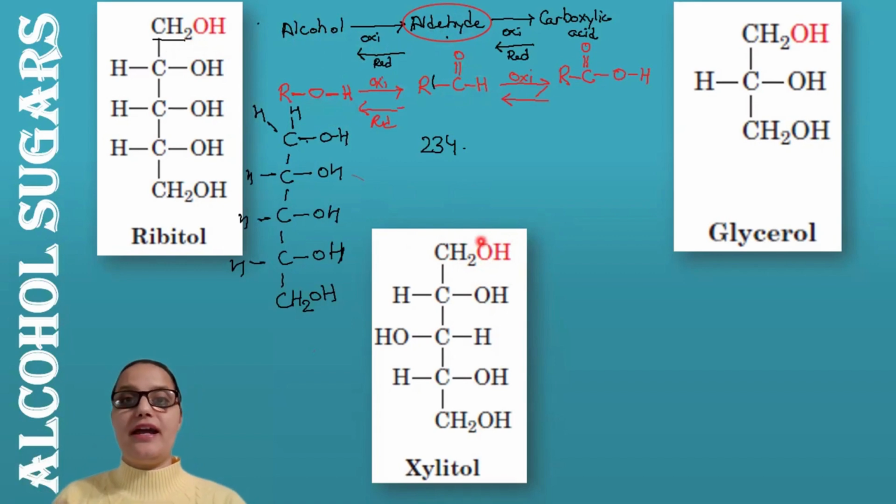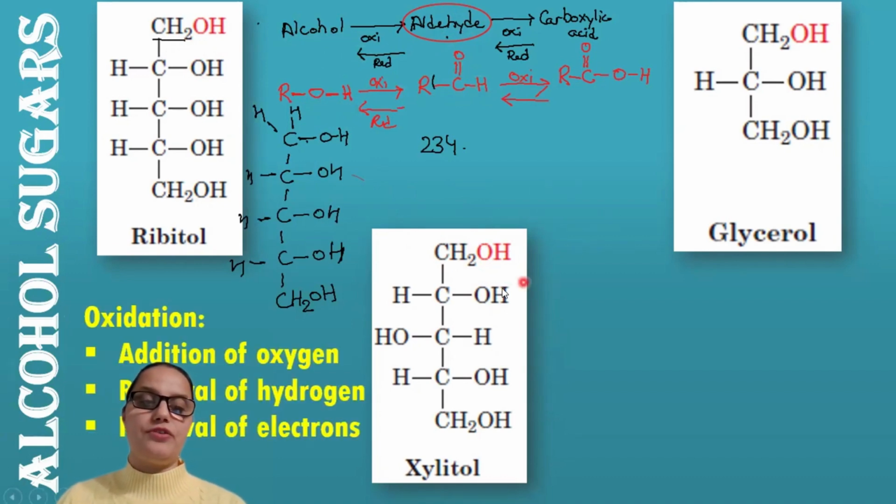Now, I am again and again referring to 2 terms, oxidation and reduction. Here, just an introduction. What is oxidation, first of all? Oxidation is basically the addition of oxygen, as the name suggests. So wherever there is an addition of oxygen, you can say oxidation is taking place.